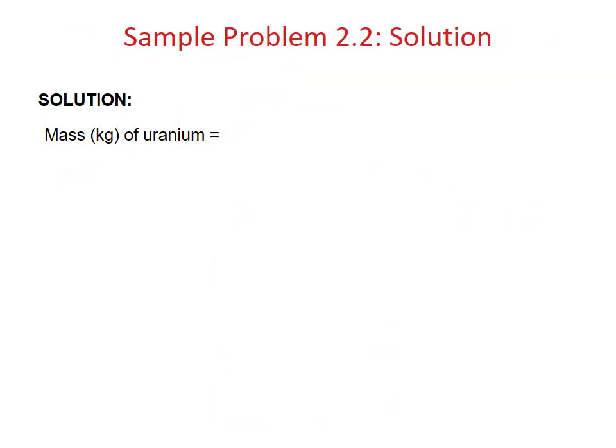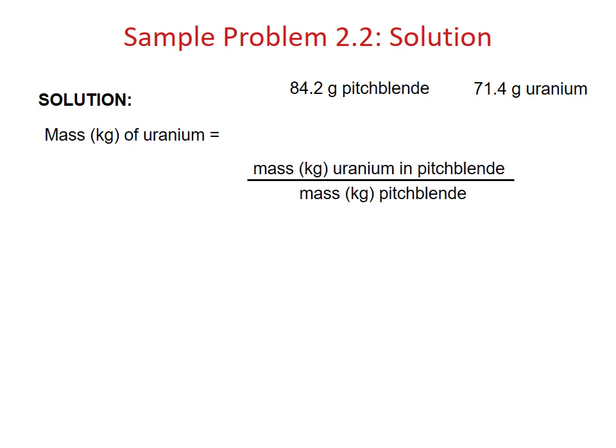Let's first think about the ratio as a conversion factor. The small sample, 84.2 gram pitchblende, contains 71.4 grams uranium. So we can write this as a ratio, as a conversion factor. One way is to use pitchblende mass as the denominator and uranium as the numerator.